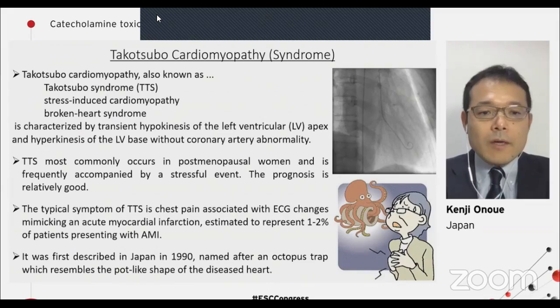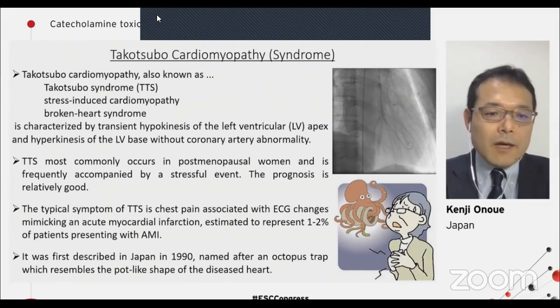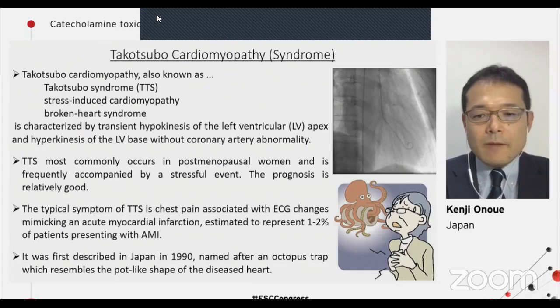TTS most commonly occurs in postmenopausal women and is frequently accompanied by a stressful event such as a severe disease or an earthquake or the death of a loved person. The prognosis is relatively good, but sometimes it has a worse outcome, like after arrhythmia or cardiac rupture.